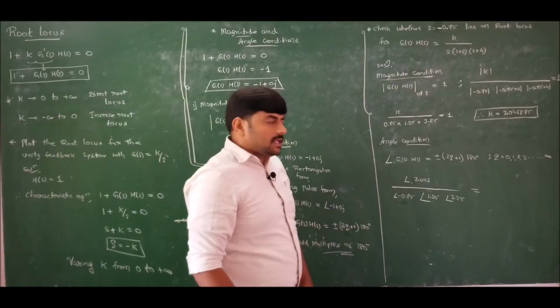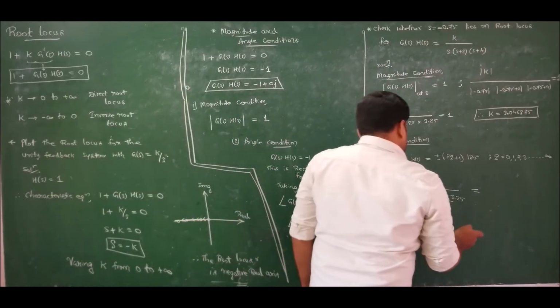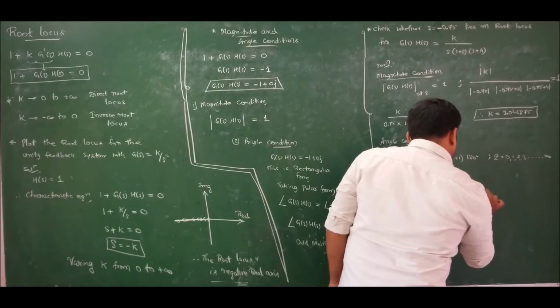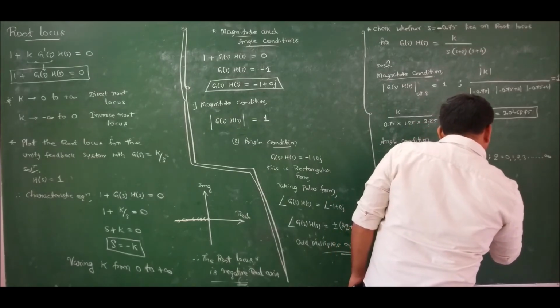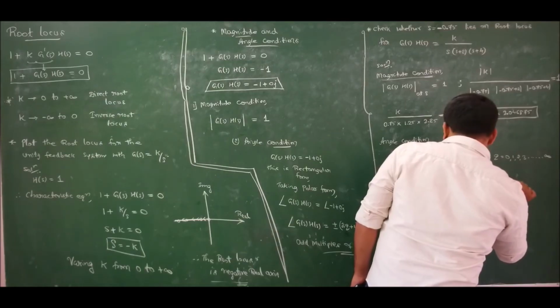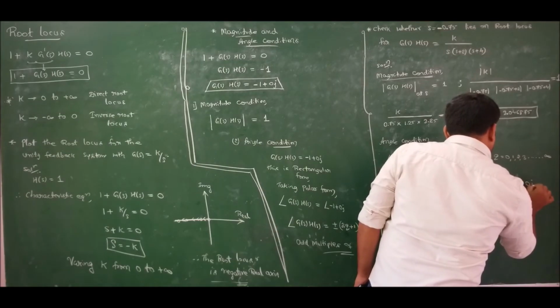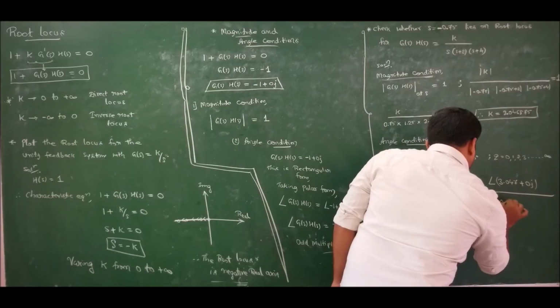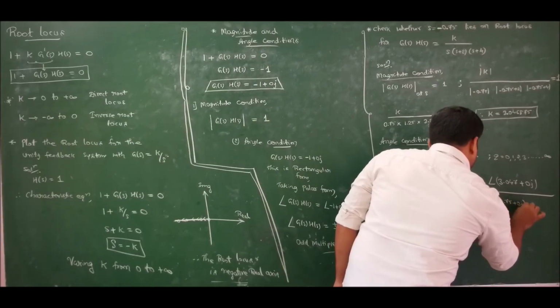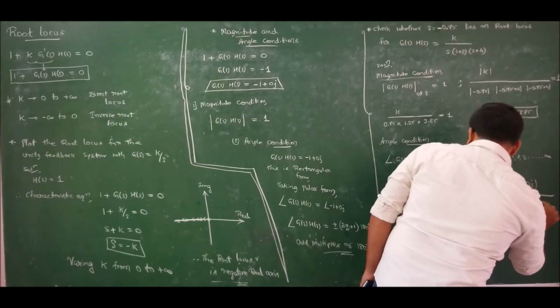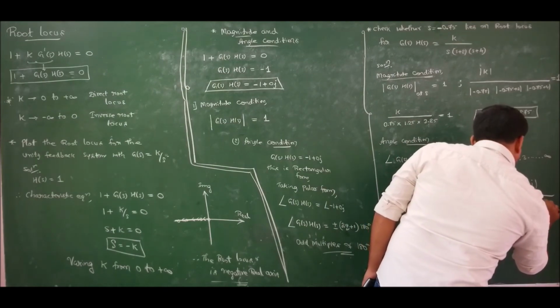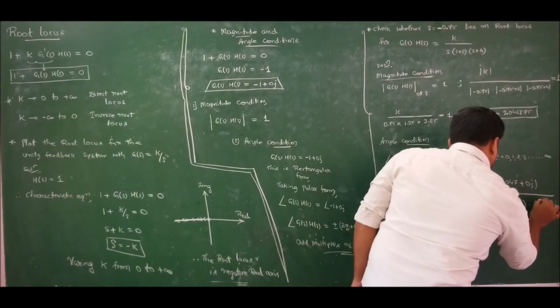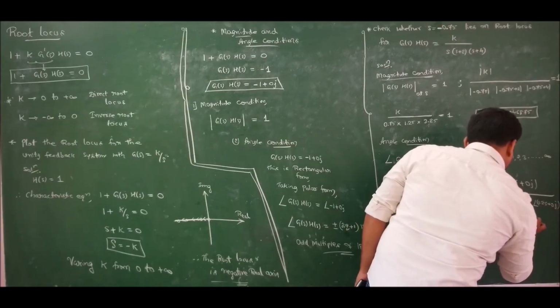So therefore I can write this as the angle of 3.047 plus 0j, divided by the angle of minus 0.75 plus 0j, into the angle of 1.25 plus 0j, into the angle of 3.25 plus 0j.